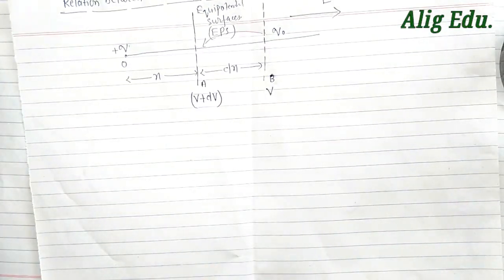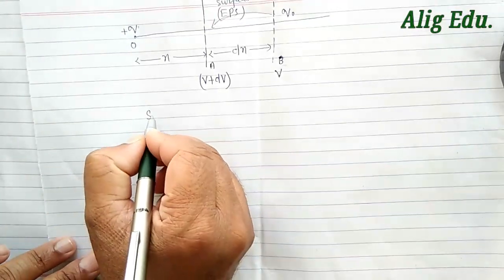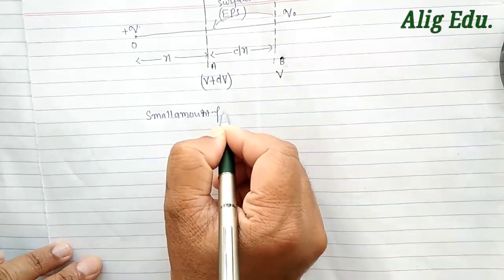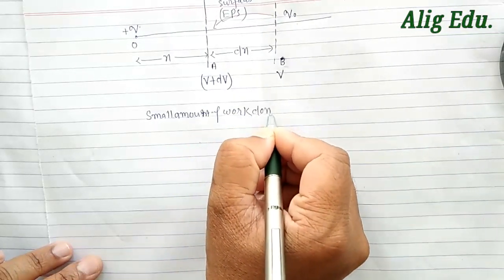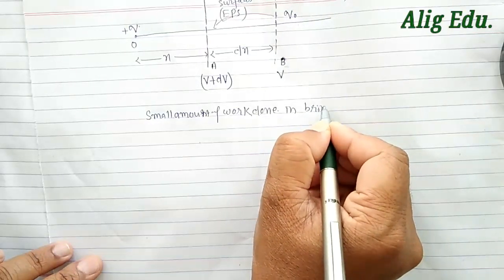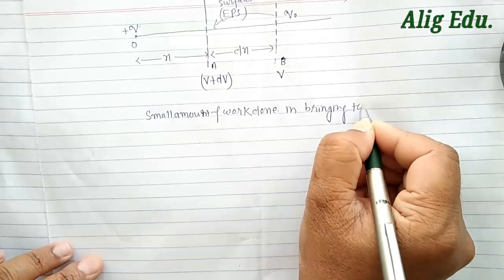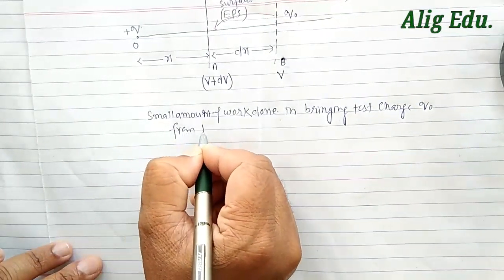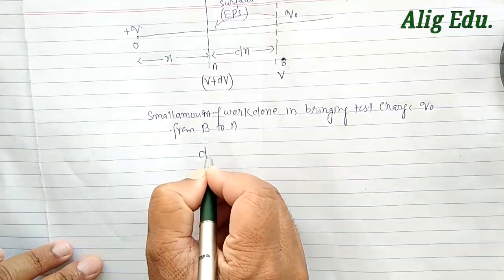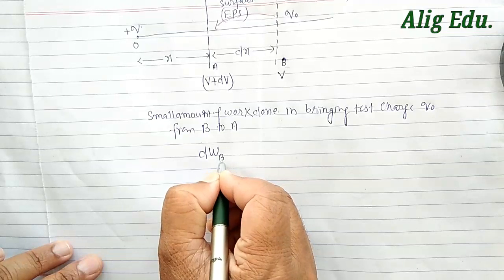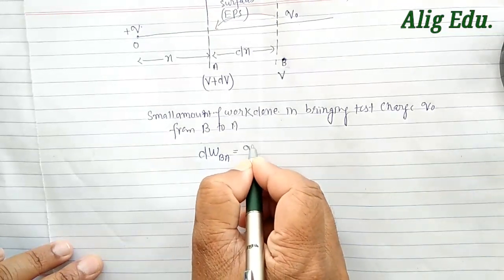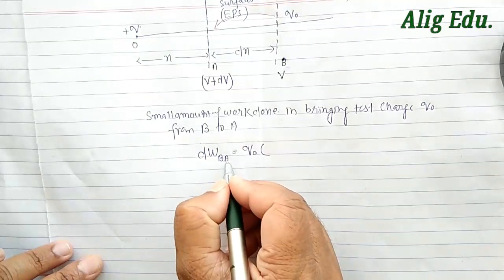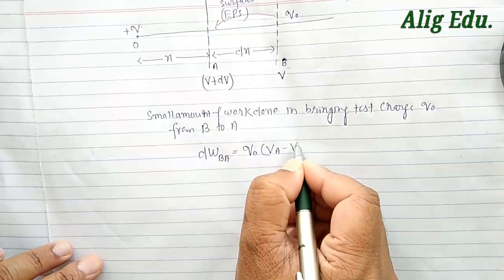So there will be a small amount of work dW from B to A in bringing the test charge Q naught, which is equal to the test charge multiplied by the potential difference between these two points, VA minus VB.